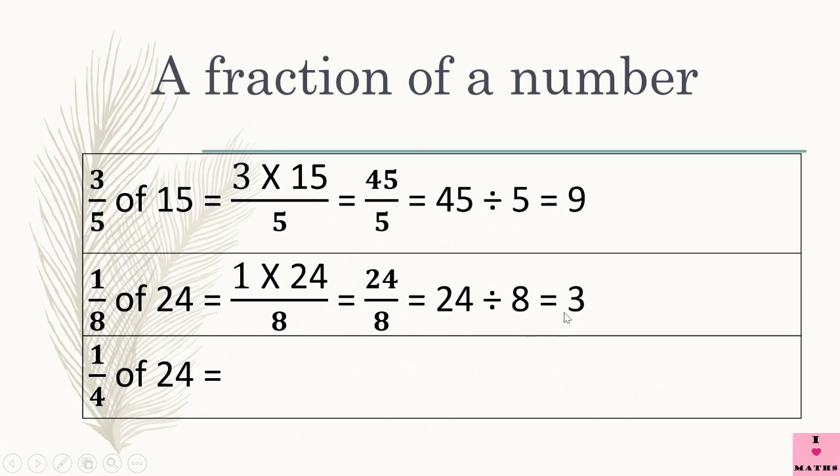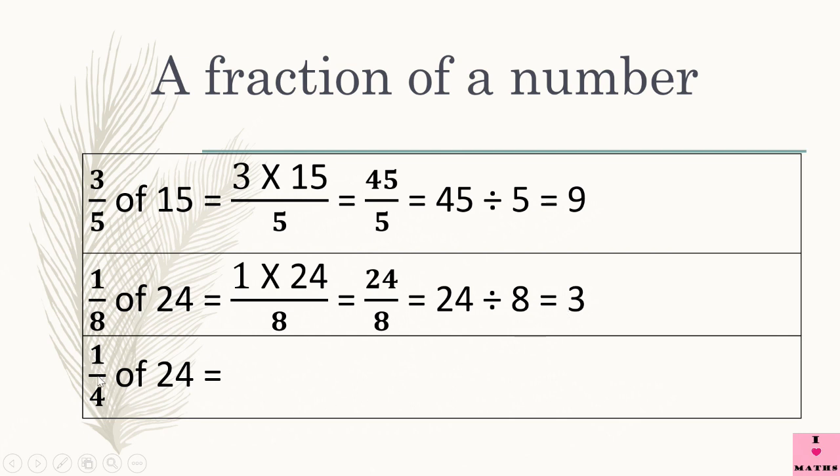Why? Because 8 threes are 24. So children, 1 upon 8 of 24 is 3. Or you can say 1 out of 8 parts of 24 is 3. Or you can say if 24 is divided equally in 8 parts, then 1 part would be 3.